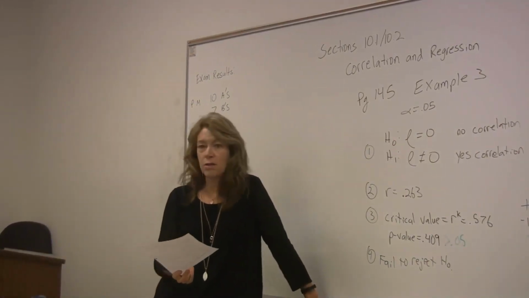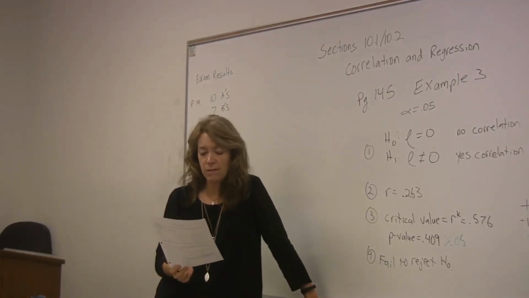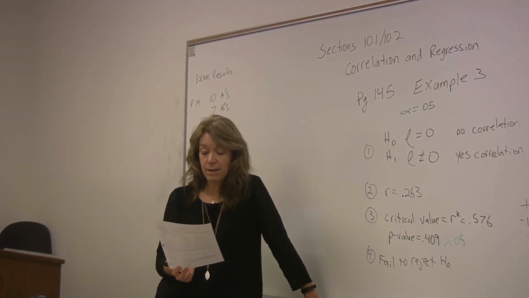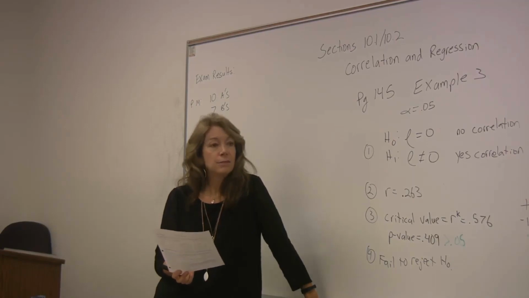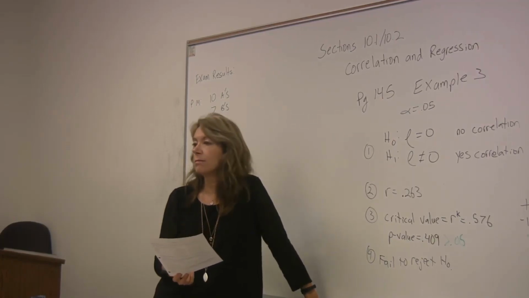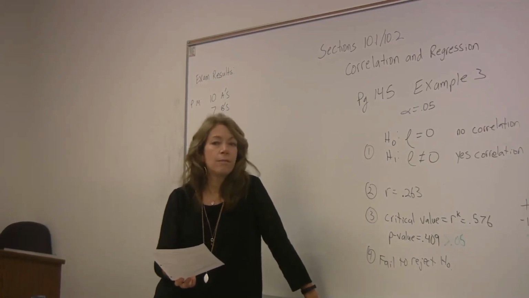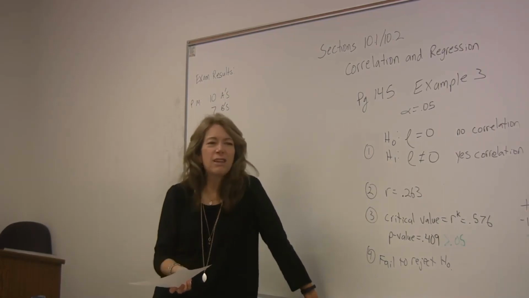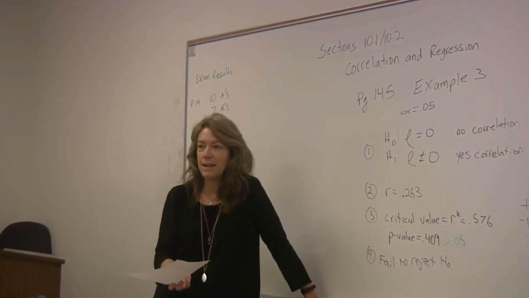Are we okay with the conclusion? There's a follow-up question. What's the follow-up question say? Oh, there's a typo in it. Does it appear that people with a larger brain are more intelligent? No? Why not? Because there's no correlation. They're saying there's no relationship between brain size and your IQ score.